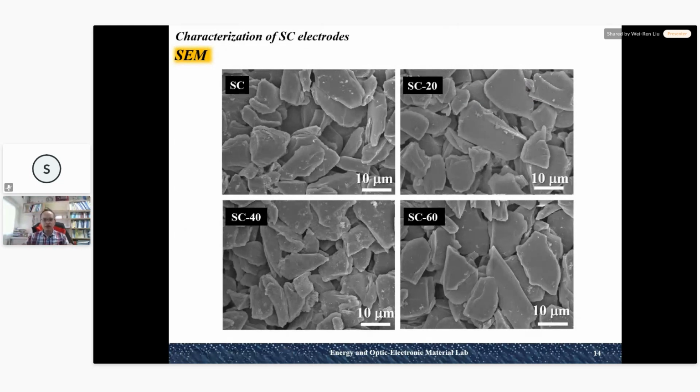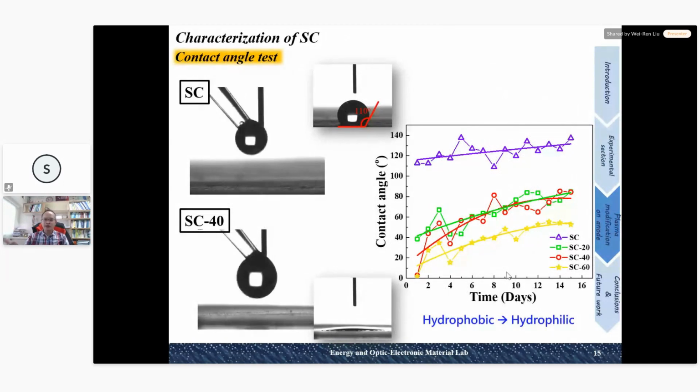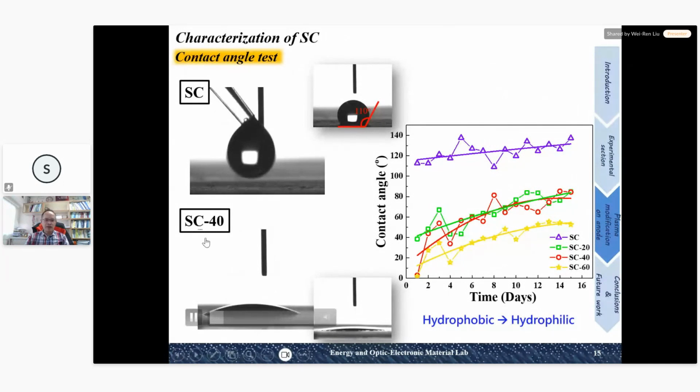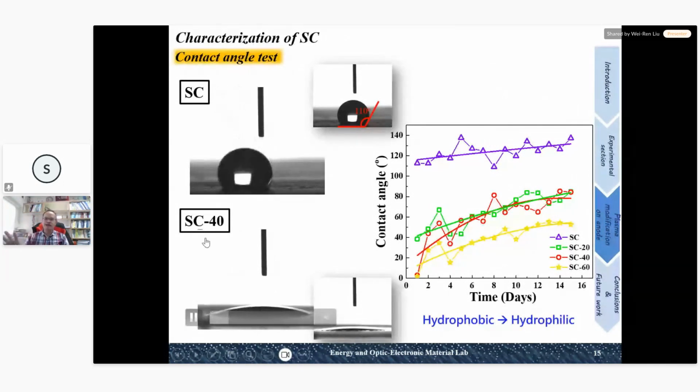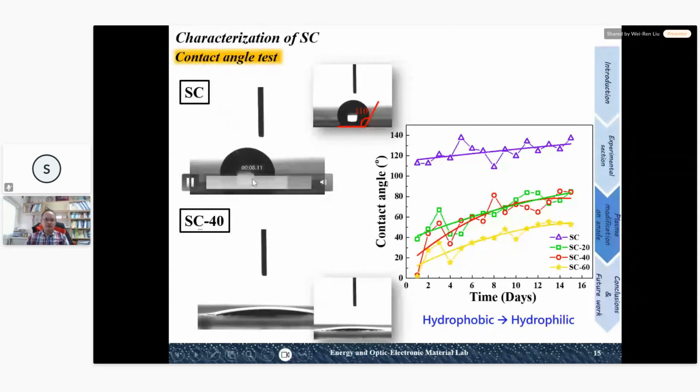So it's a little difficult for the SEM to see the change on the surface. However, we can see the water contact angle. So you can see after the soft carbon 40 times plasma treatment, the contact angle reduced a lot. The pristine soft carbon has a very high contact angle.